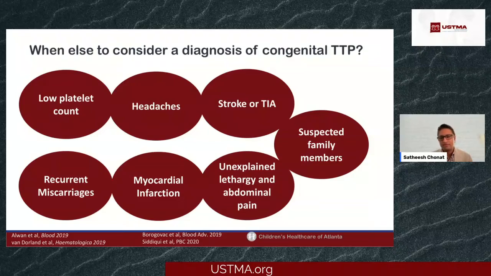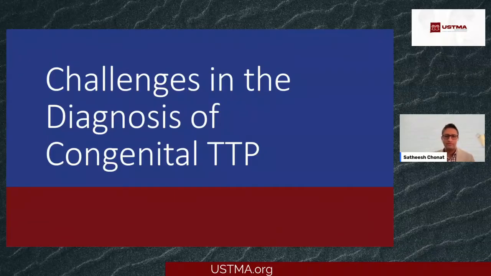So I've listed some of the symptoms or issues such as pregnancy losses or unexplained lethargy and abdominal pain in patients who may have a lower platelet count. Next slide. So as we were talking earlier, some of the challenges, next slide, please.